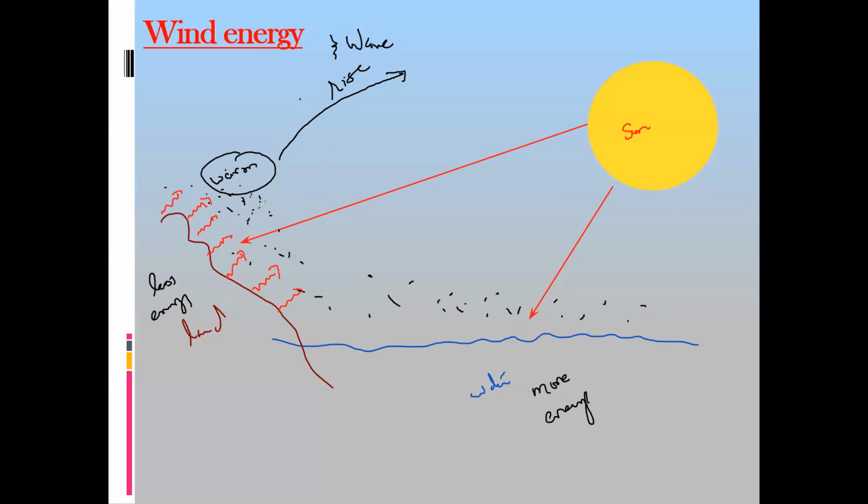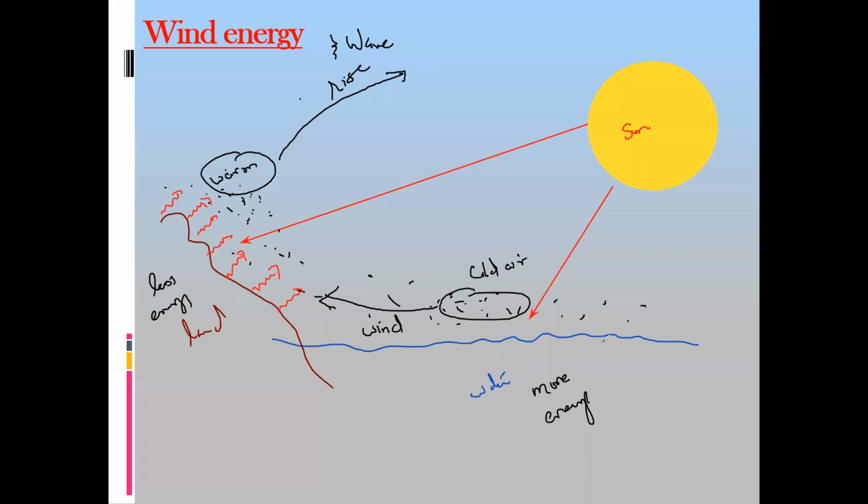So when the air particles above the land move up, the relatively colder air above the water starts to move towards the land, and this movement of air particles towards the land produces wind energy.